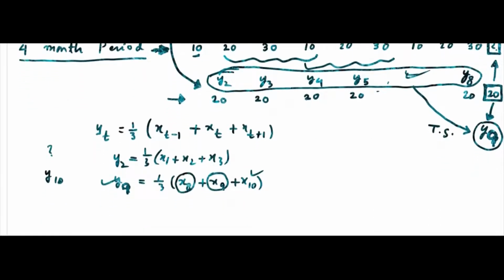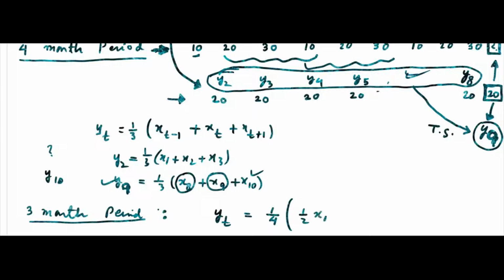Now if you have a 3-month period, odd 3-month period, then the formula is a bit different. Okay, the formula for yt will be equal to, you can think on this, 1 upon 4, you write half this side, let me write xt minus 2 here, and plus 1 upon 2 xt plus 2.